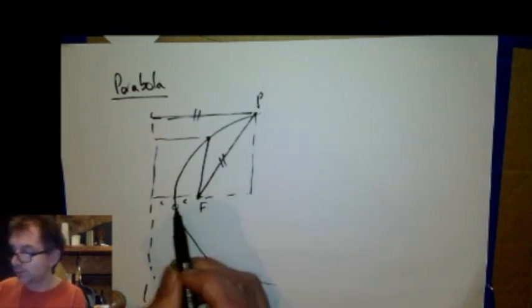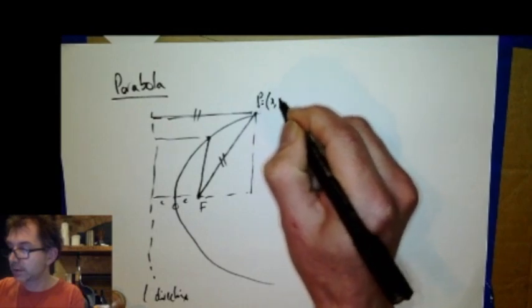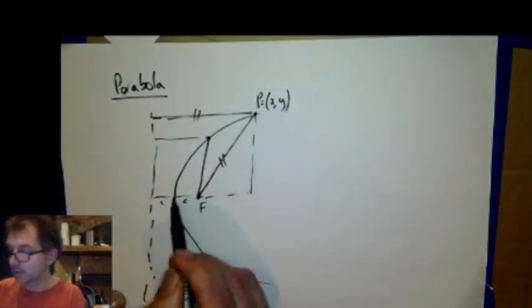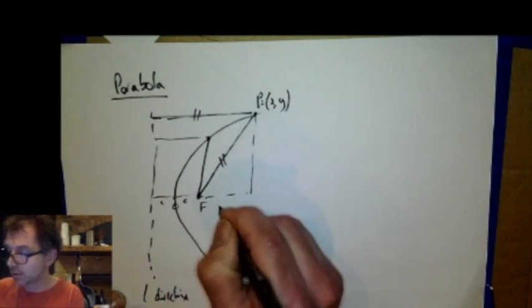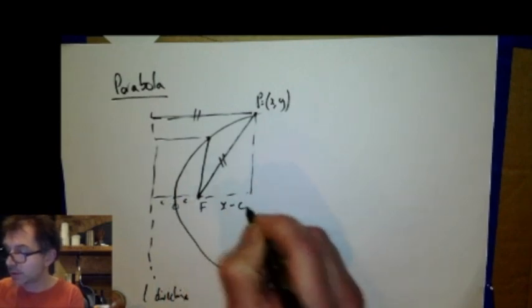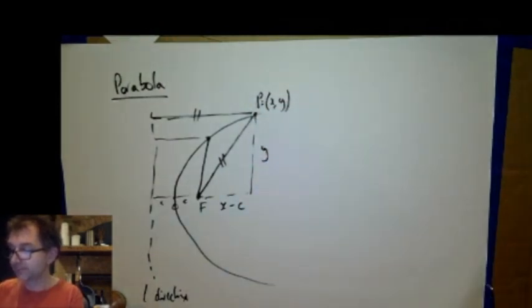So if this is the point P equal to xy, that's the origin, so this distance has to be x minus c. This distance is obviously just y.